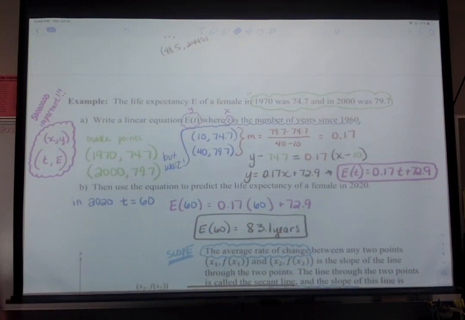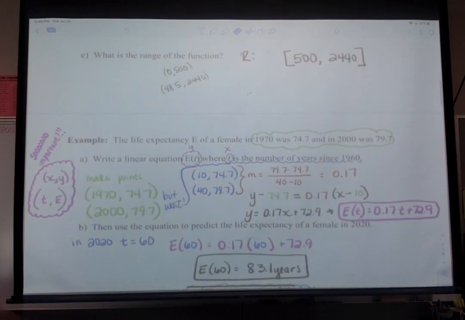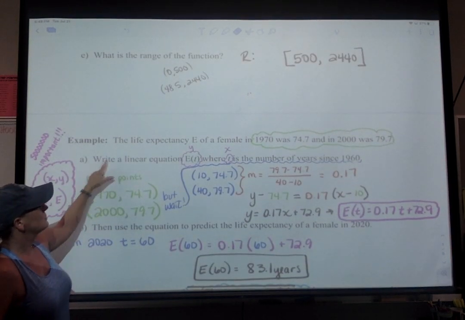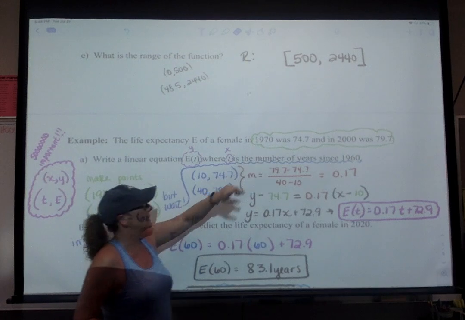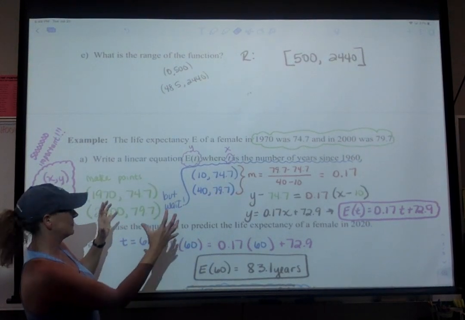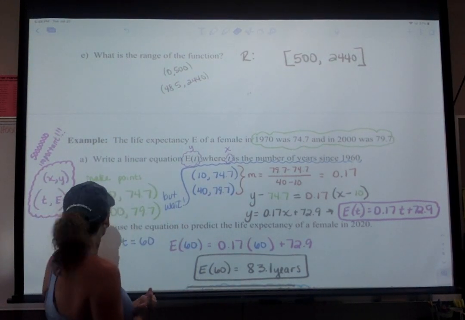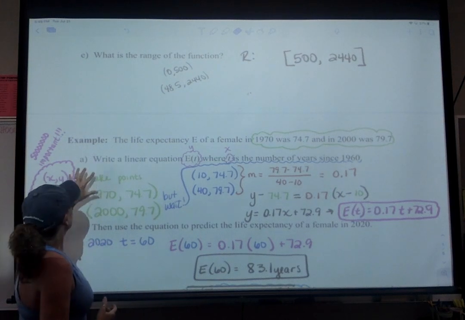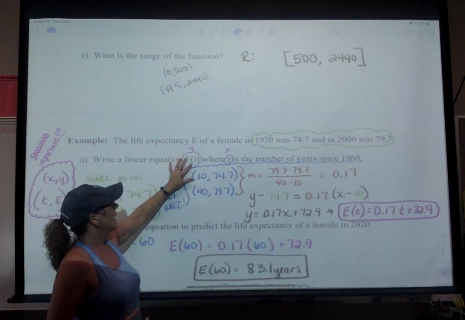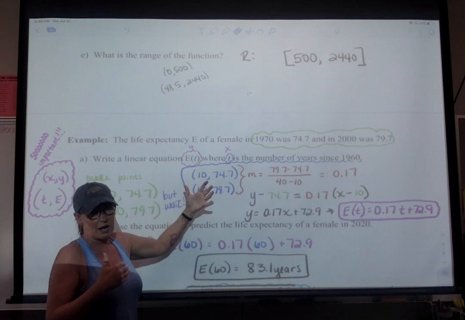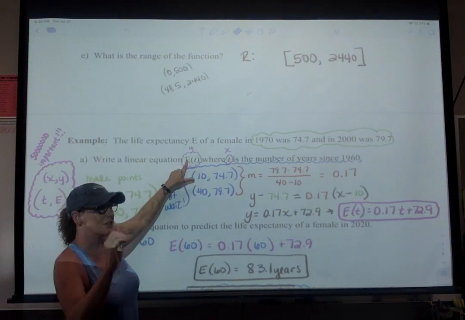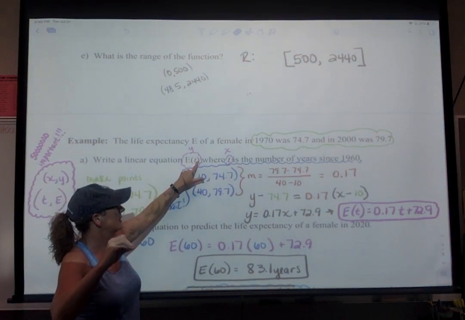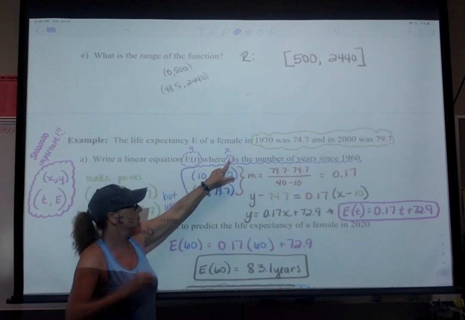All right, for the next one, we're supposed to take this information and write a linear equation out of it. Now, there's not much space here to do this, so bear with me. It says write a linear equation, and instead of using x and y, it wants us to use function notation, E of t and t.